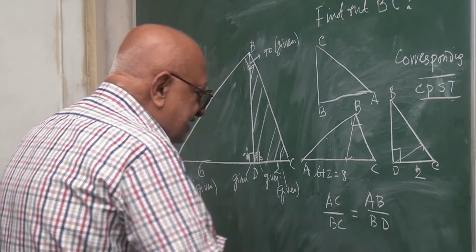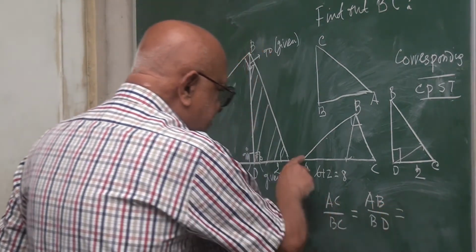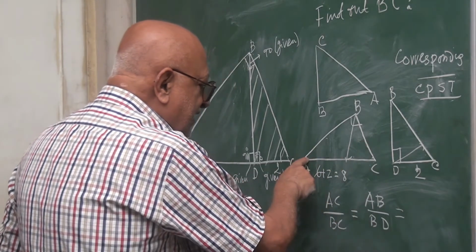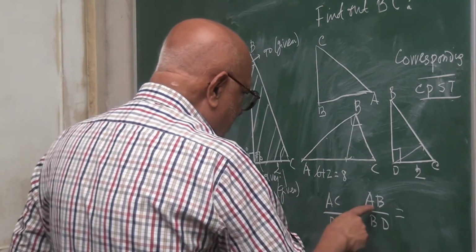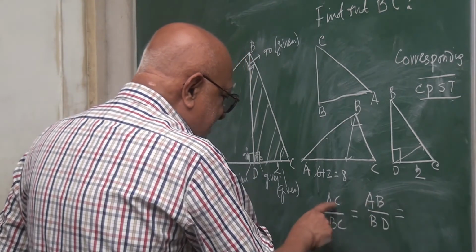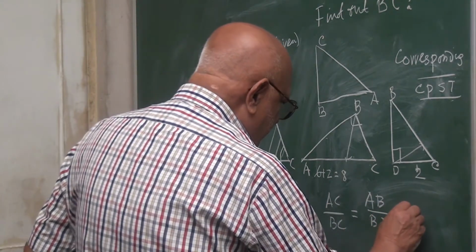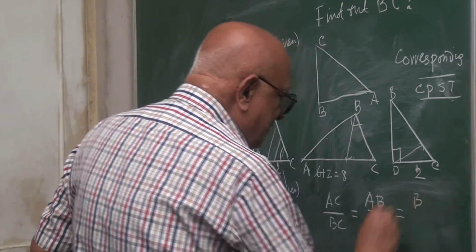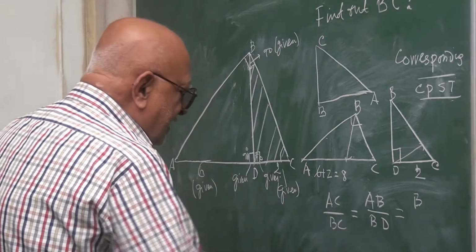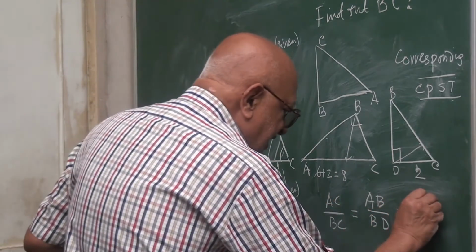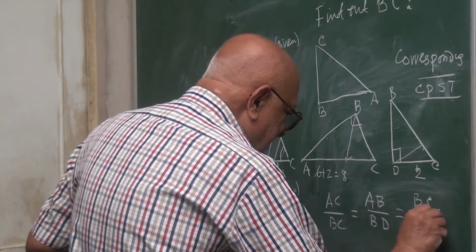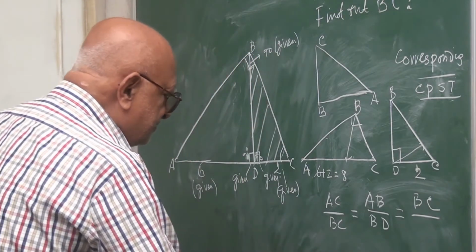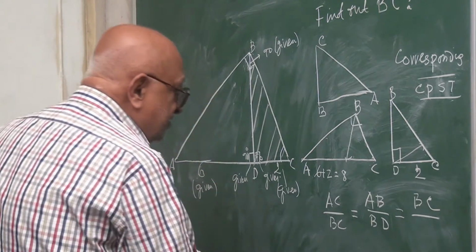Again, I can use the same thing, say opposite to angle A. So which one is opposite to angle A? What is remaining now? AC, I have said. I now have to take on this one another BC, because BC is not there. Sorry, I am doing something wrong.